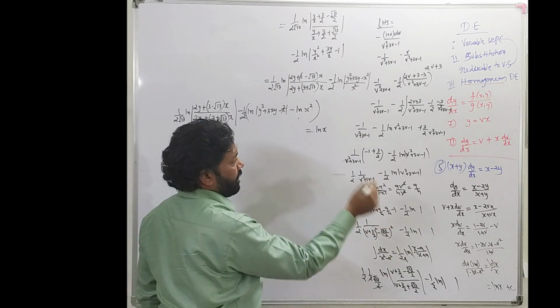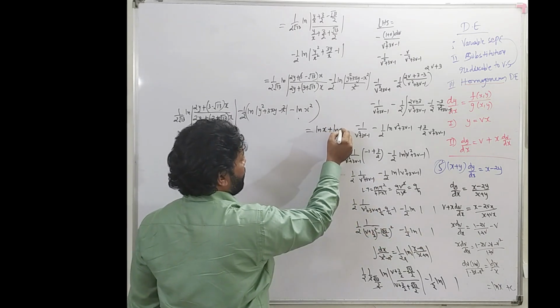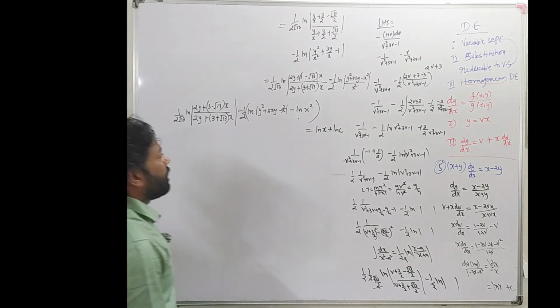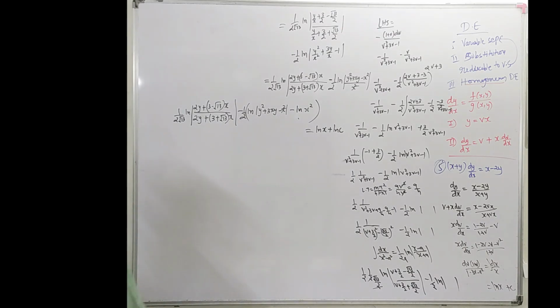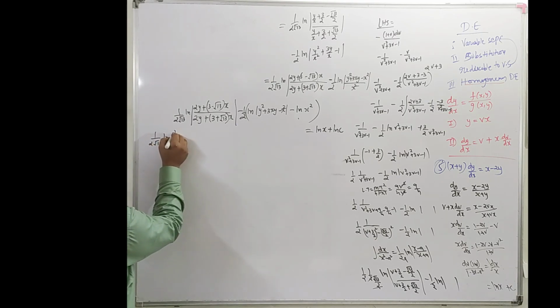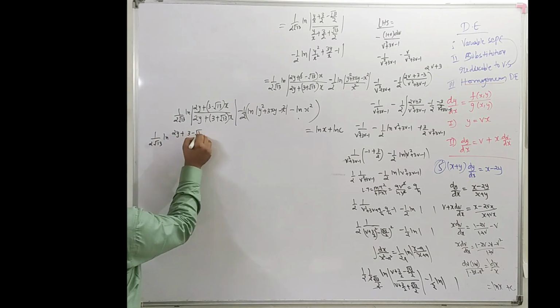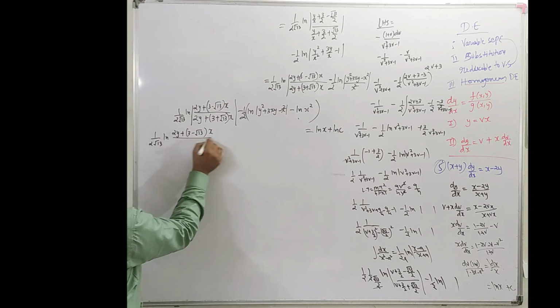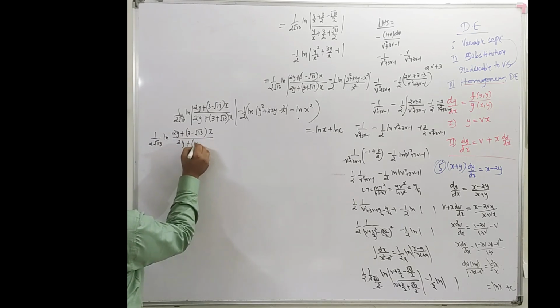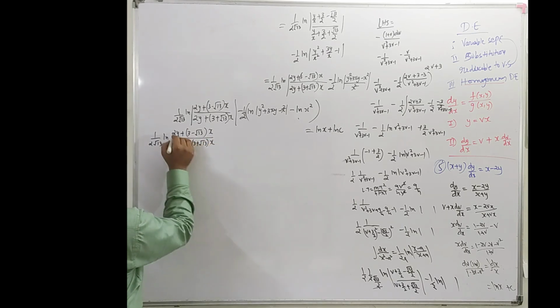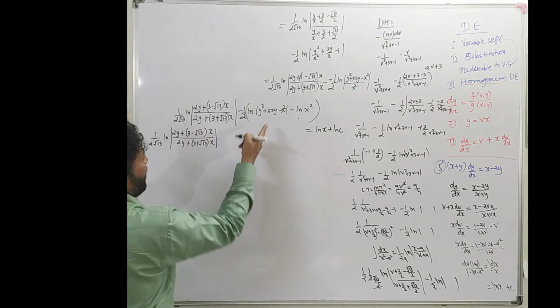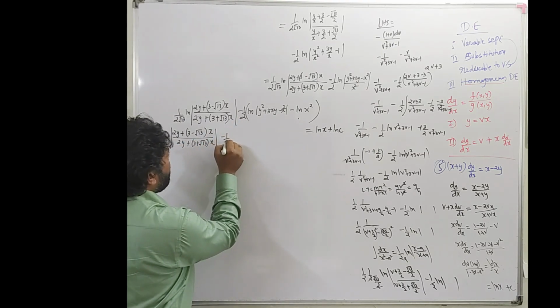As I said, C also we will write in terms of ln, right? So further writing down, minus half will multiply inside.